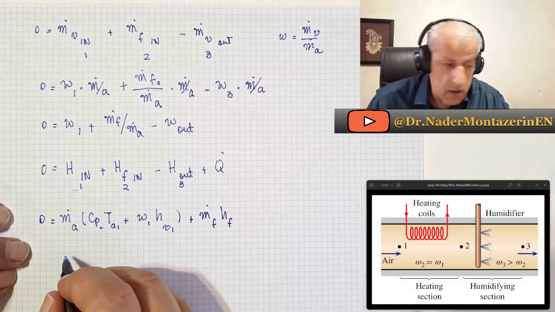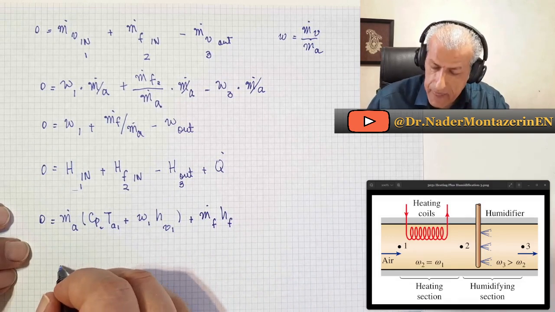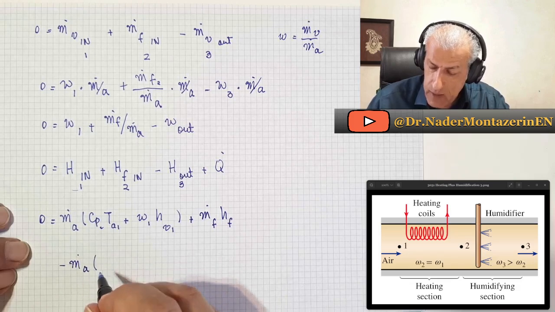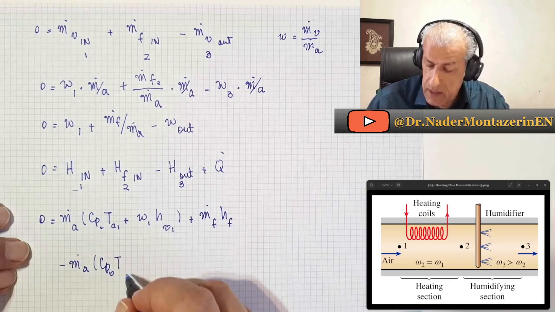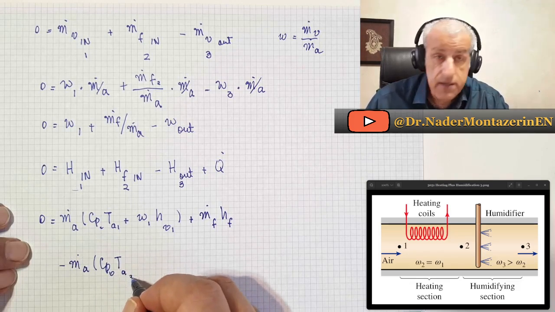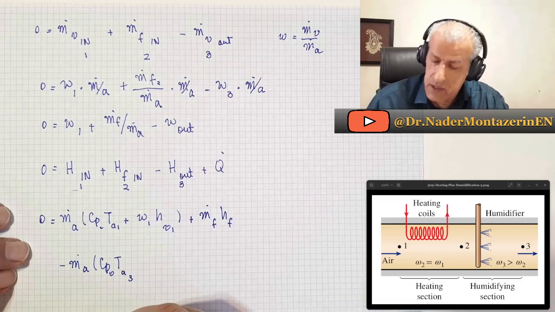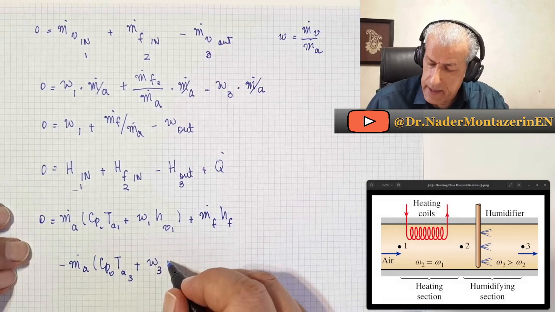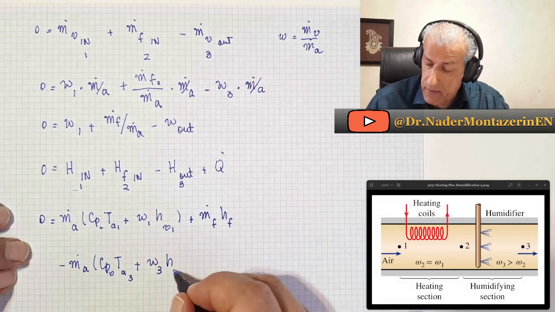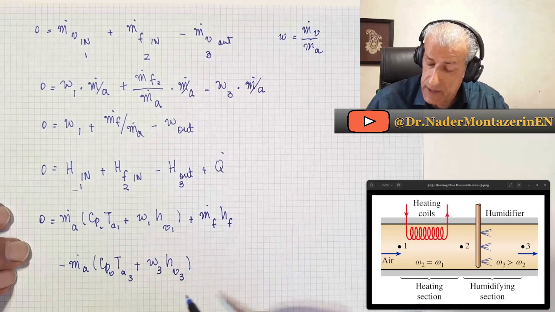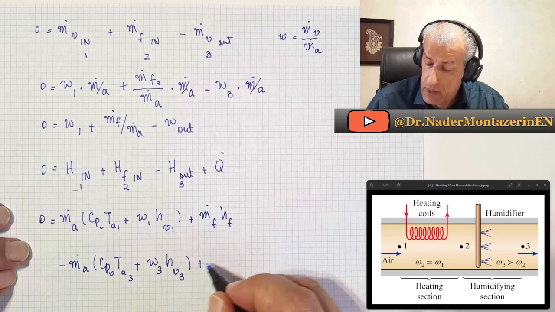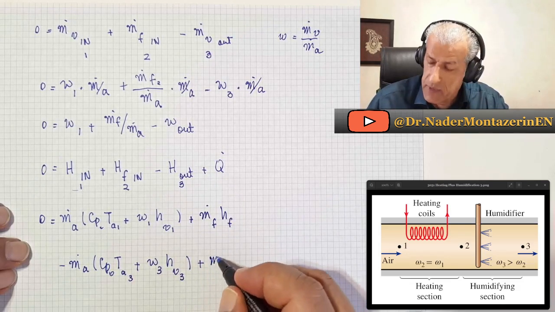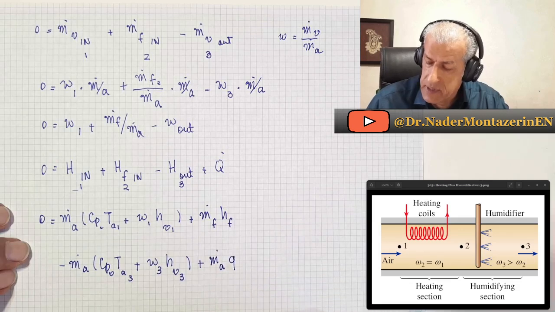So I could write it as minus m dot A times Cp0 Ta3, temperature of air at point 3, plus W3 and the enthalpy of vapor at point 3, and plus, here we could split Q dot to m dot A times q.